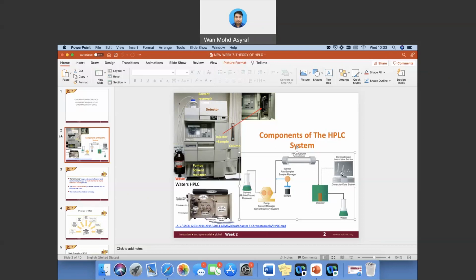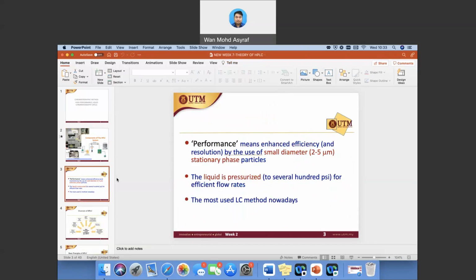Now we are going to look at what is meant by HPLC, and all the instrumental parts of it. HPLC, high performance liquid chromatography. So what does performance mean?